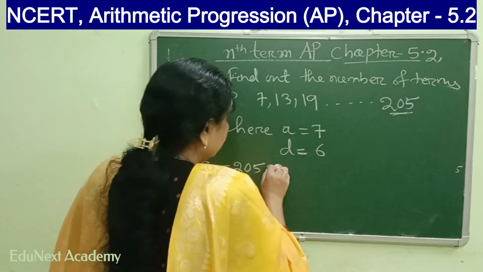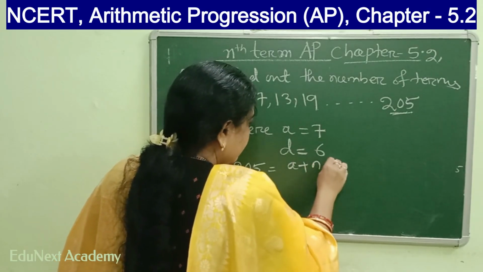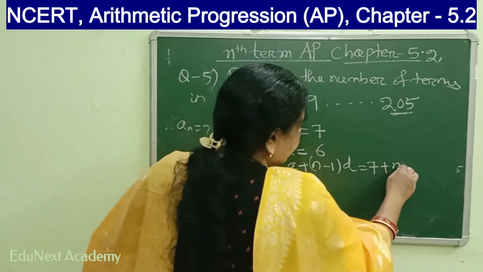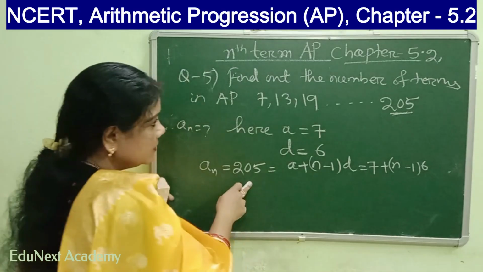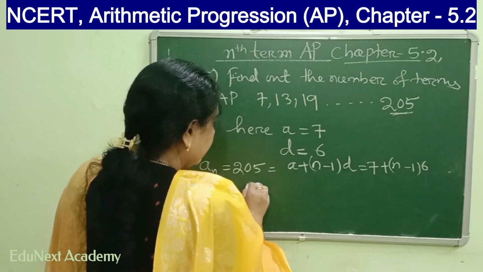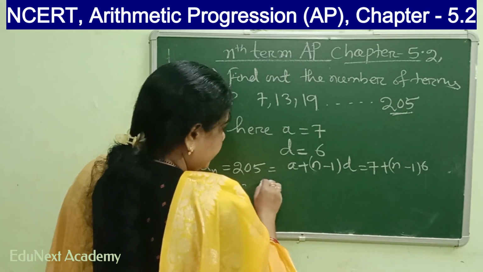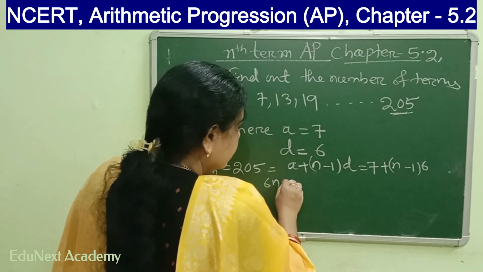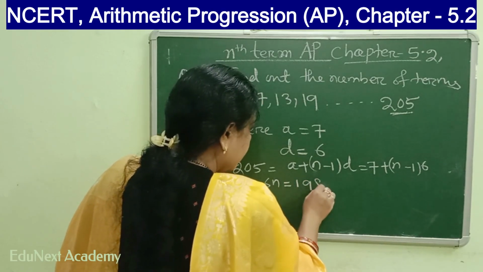So this is nothing but a plus (n minus 1) into d. Here a is 7, so 7 plus (n minus 1) into d, where d is 6, is equal to 205. Now we have to calculate n. So 6n is equal to 198.